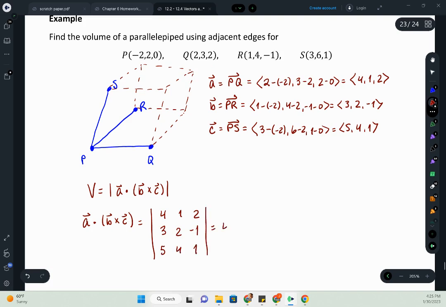This will give us 4 times the determinant with components 2, negative 1, 4, 1, minus 1 times the determinant with components 3, negative 1, 5, 1, plus 2 times the determinant with components 3, 2, 5, 4.